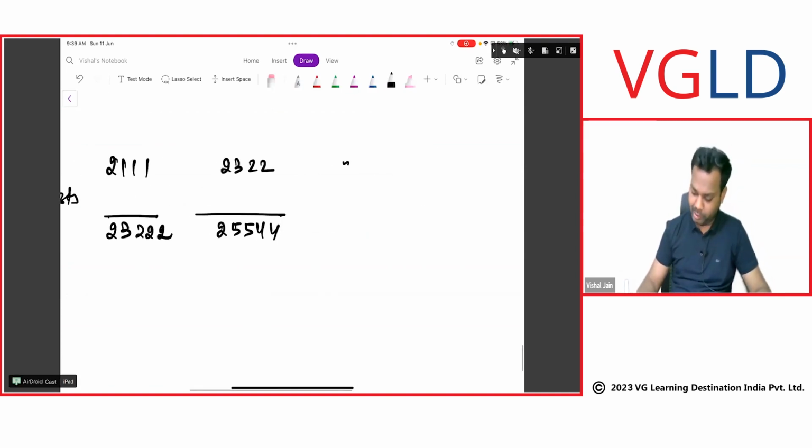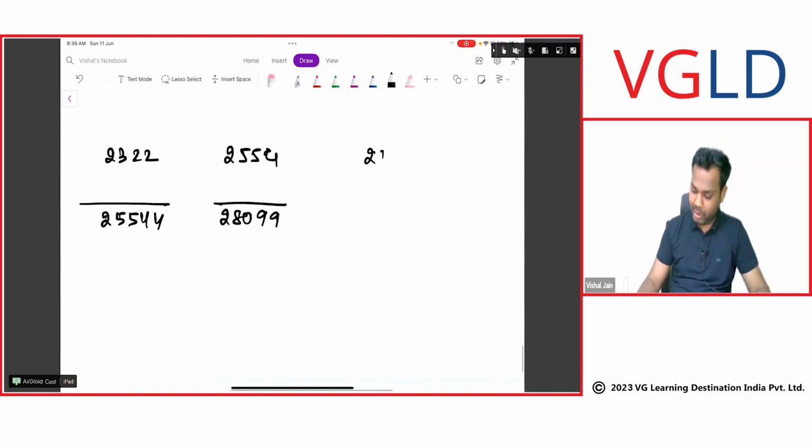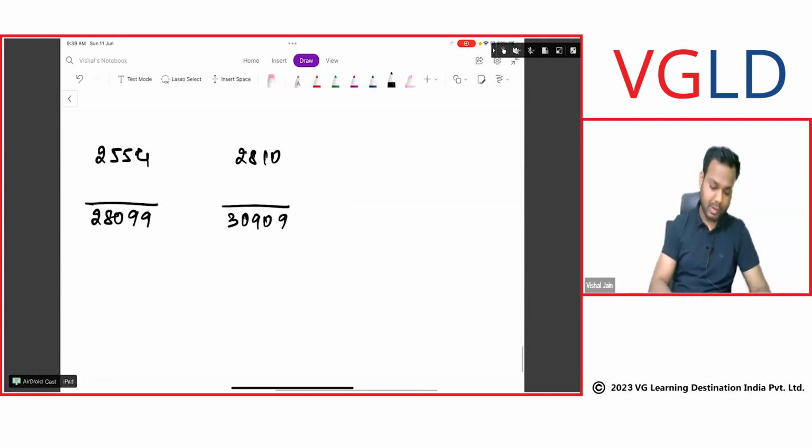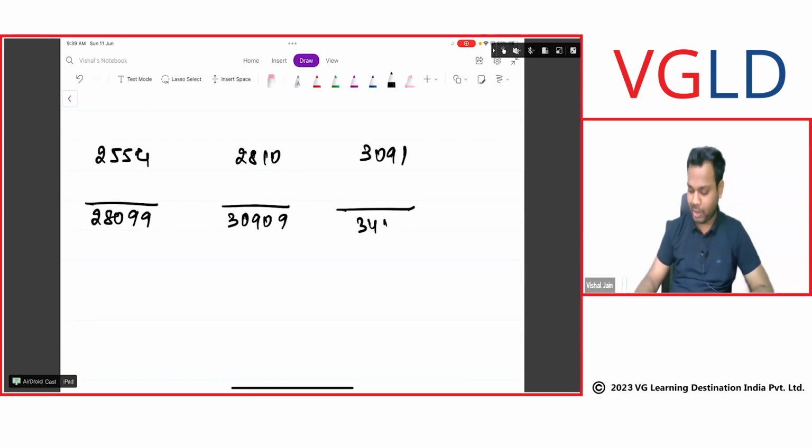Again 10% of it is 2554, and into 1.1 it is 28098, about 28099. Then it is 2810, so it becomes 30,909. Then it is 3091, and it becomes 34,000 at the end of the 5th year.